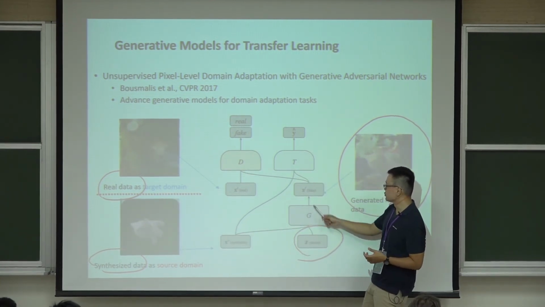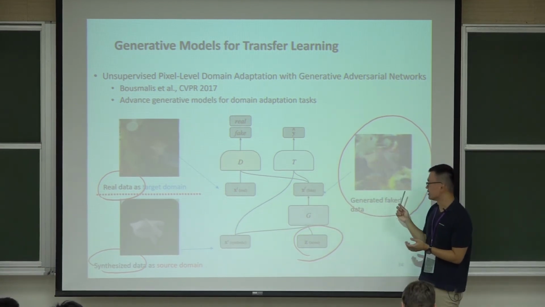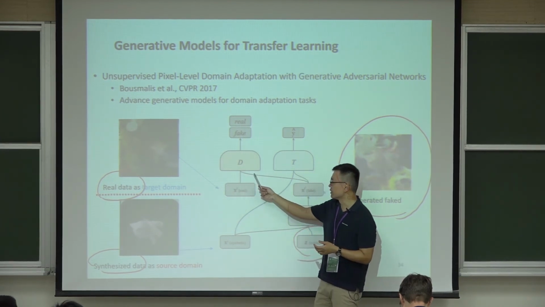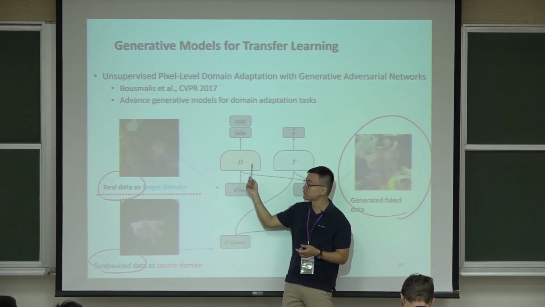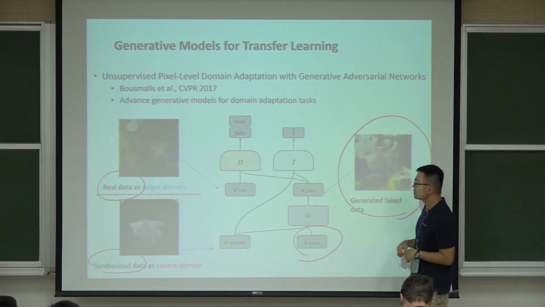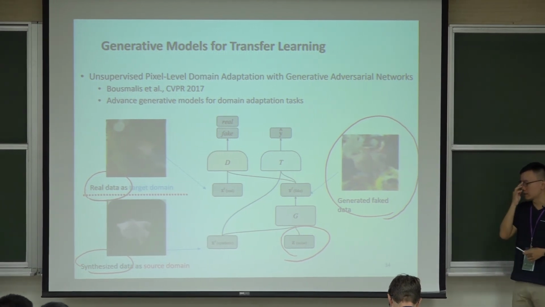You would like to synthesize and output the data so that it looks like a real one. But your discriminator needs to tell the difference between them. So this is what this discriminator is about. And what about this T? The model T is a classifier.